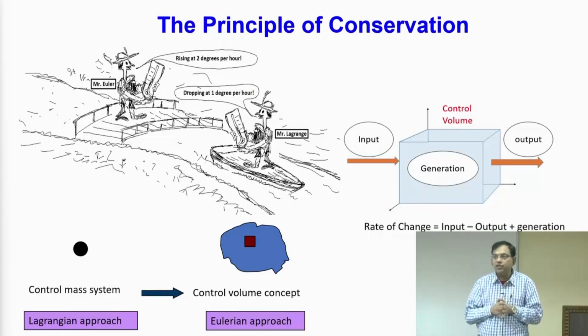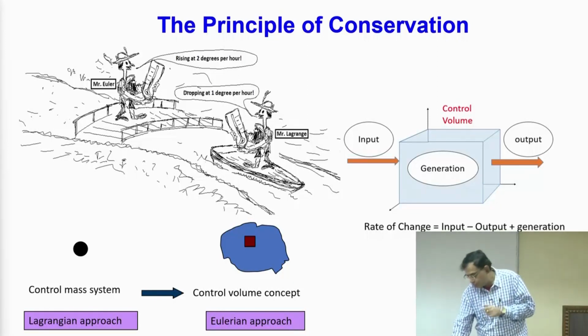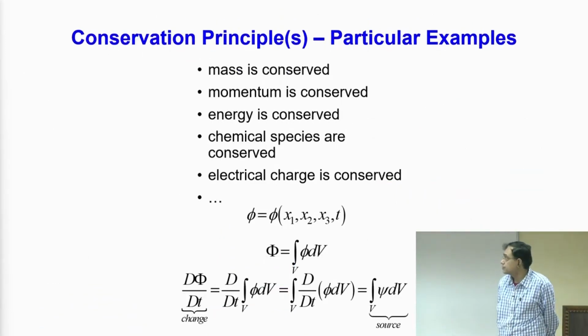This is very basic, it reads very simple, but all the most complex control volume based foundations are essentially based on this simple concept. It is just how you mathematically put this in the language of mathematics.